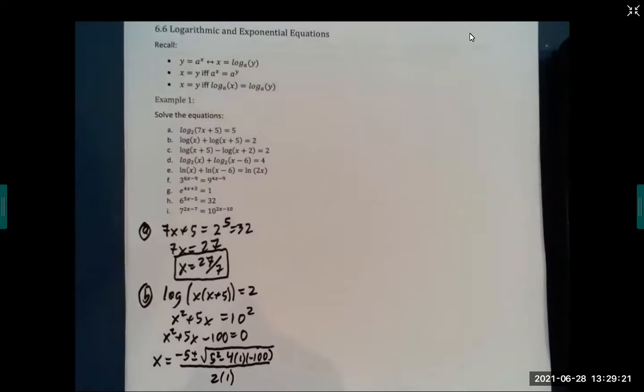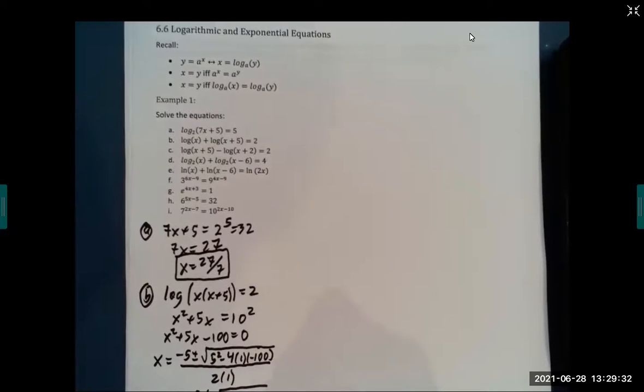So we get negative 5 plus or minus the square root of 25 plus 400, all over 2. Negative 5 plus or minus root 425.